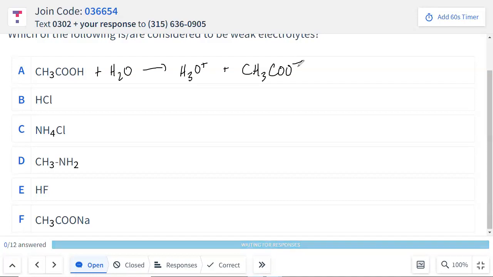So based on this formula, we would identify this as an acid. It's donating that H on the very end there. Is it one of the strong acids that we identified on the previous slide? No. So if it's an acid, but it's not strong, that means it's a weak acid. Weak acids are weak electrolytes. So A must be correct.